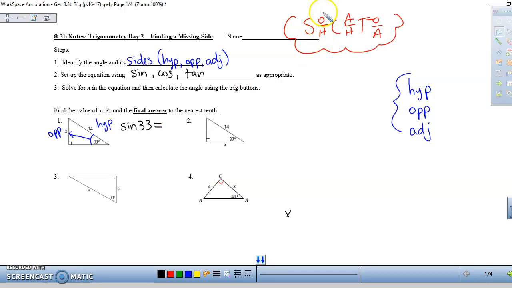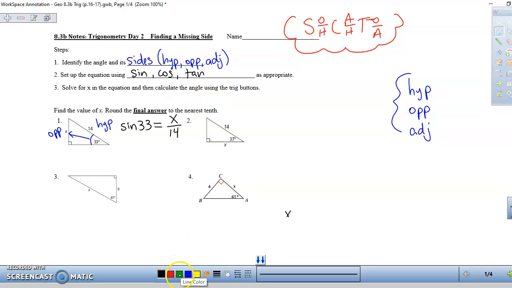And you write it just like this, opposite over hypotenuse. Okay, so here, opposite is x, hypotenuse is 14. So I'm going to write x over 14. So here's my trig equation. So that's step 2. Okay, step 3 is now you're going to solve that. And you're going to use a calculator to solve that.